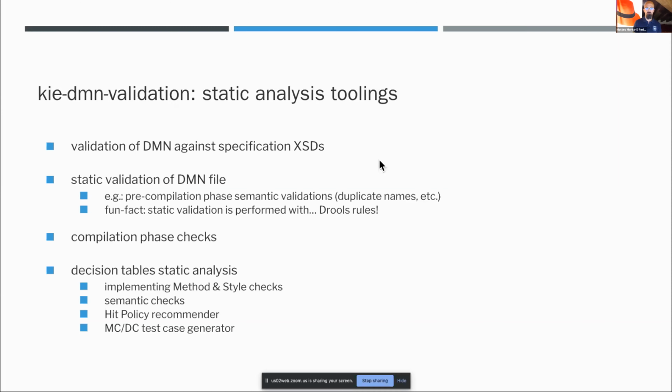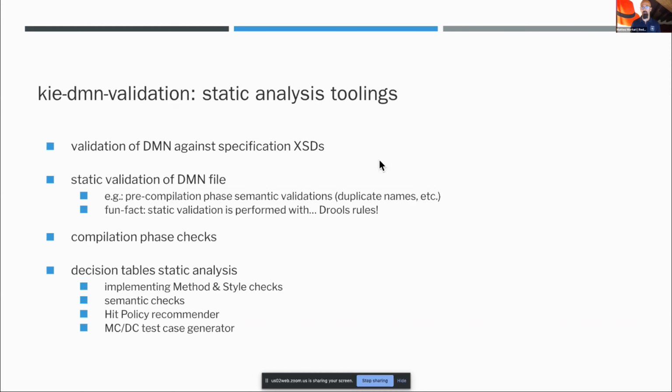When we speak about the key demand validation in particular, we provide a set of static analysis features for DMN models. And it has, for instance, the validation of the DMN model file against the XSD. This is a trivial check, of course, but we also perform some static validation on these model files. For instance, we have pre-compilation and pre-processing checks that perform semantic validation.